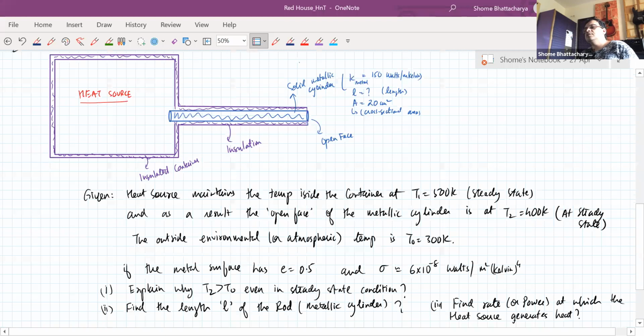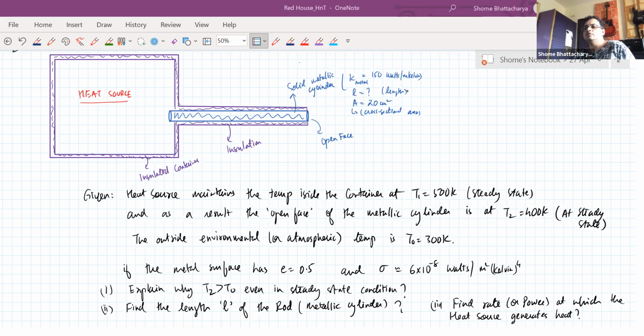Okay. So can you tell me briefly the answer for the first part? Can you tell me how come this is happening, that at steady state, the temperature of the open face is not equal to the temperature of the surrounding environment? Or start by telling me how many phenomena are happening over here.